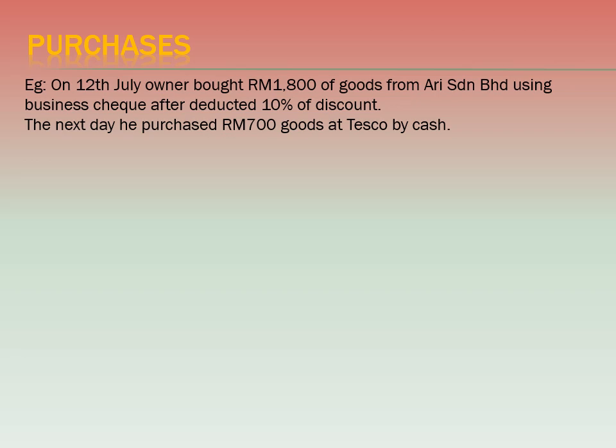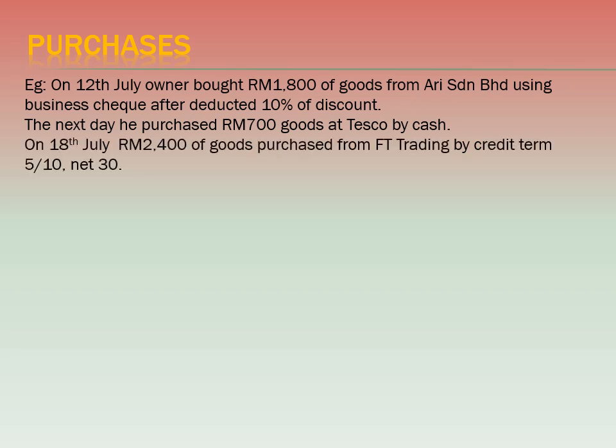Here he used cash in hand, or the purchases can also be in terms of credit, meaning delaying the payment. So in this example, on the 18th of July, 2,400 ringgit of goods purchased from FT Trading by credit term, meaning that you delay the payment. 5/10, net 30.